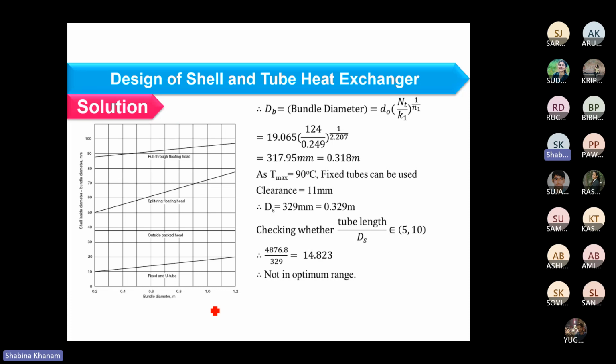Okay, if you are given that the fluid is clean in nature, you can consider U tube. If the temperature is more than 90 degrees and the fluid is clean, you can go for U tube.